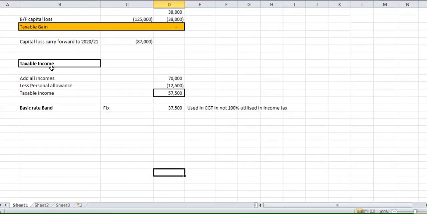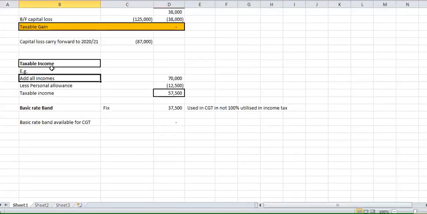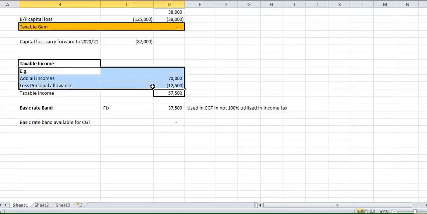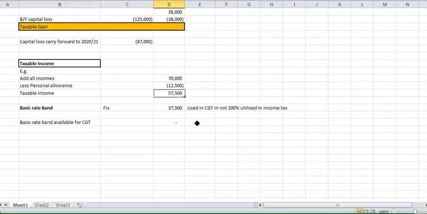Say, for example, the basic rate band available for CGT is 0, because our taxable income is more than 37,500.